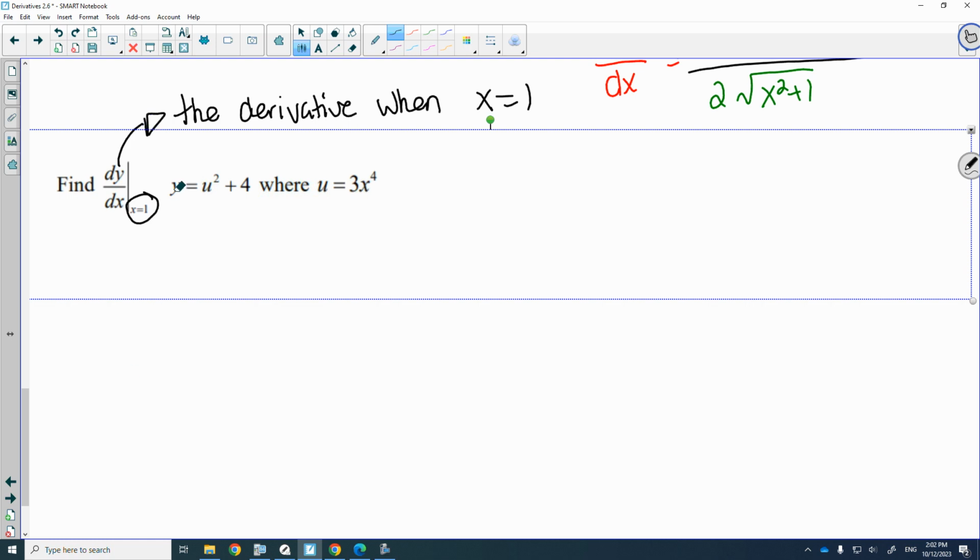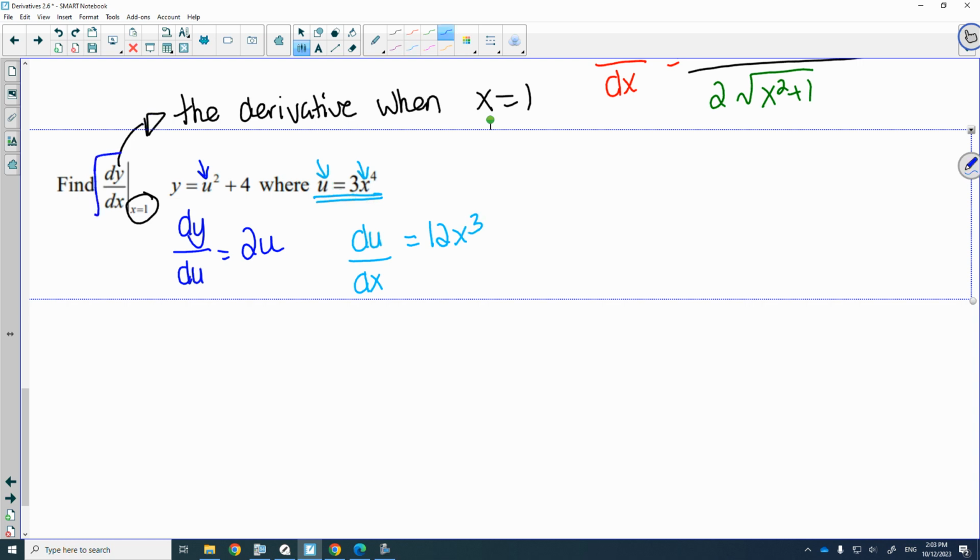So they've given me two different functions, and I could take the derivative of each function. So y is equal to u squared plus 4. Let's take the derivative of that function. So dy with respect to u is equal to 2u. Then I could take the derivative of this function. So I'm taking the derivative of u with respect to x, and the derivative of that function would be, according to the power rule, 12x to the 3.